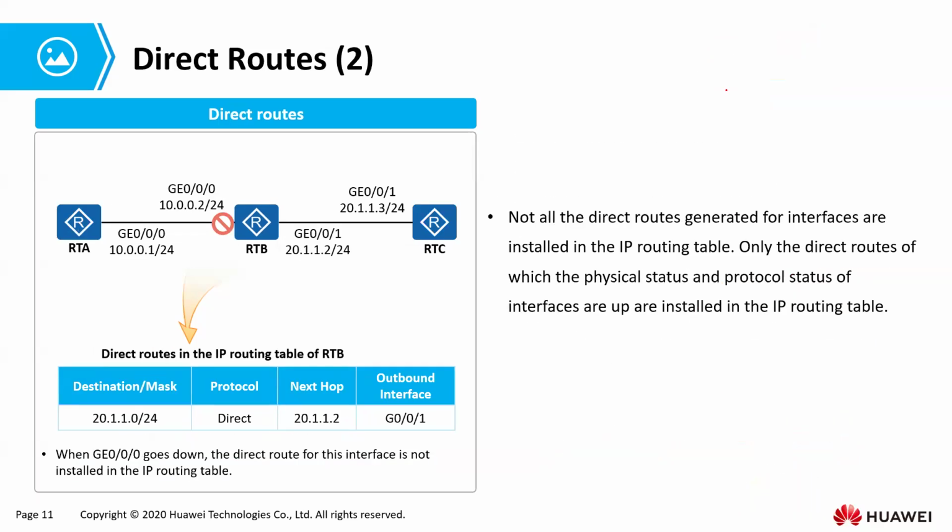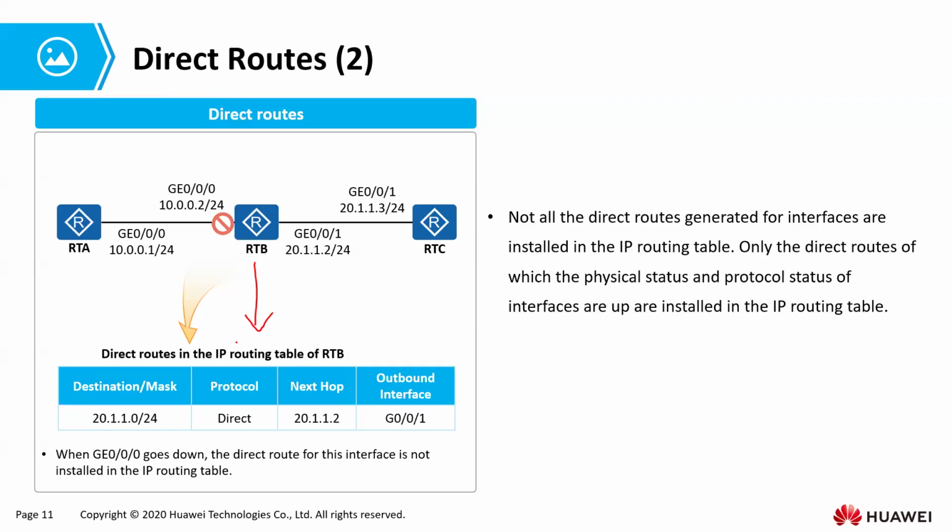Not all direct routes generated for interfaces are installed in the IP routing table. You're going to realize with the routing table, it's not every route which will be there. Number one, my direct routes are most preferred, so they are what is put in the routing table. In the case of direct routes, if an interface is down, for example, then that route will not automatically be in the routing table. Because here is router B, routing table RTB.